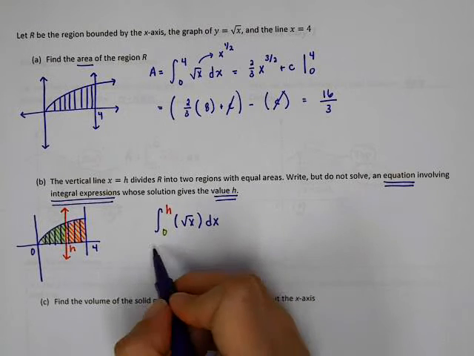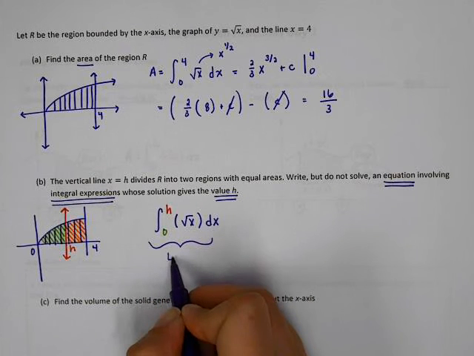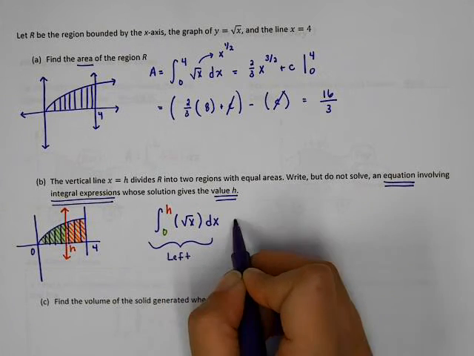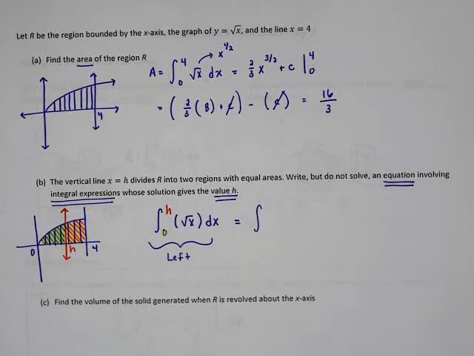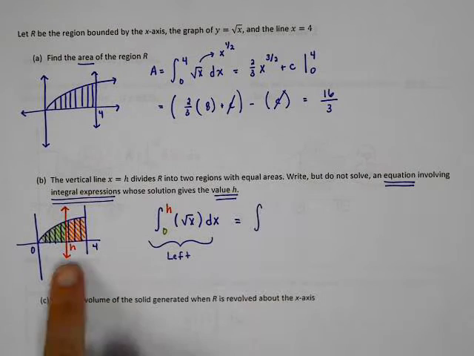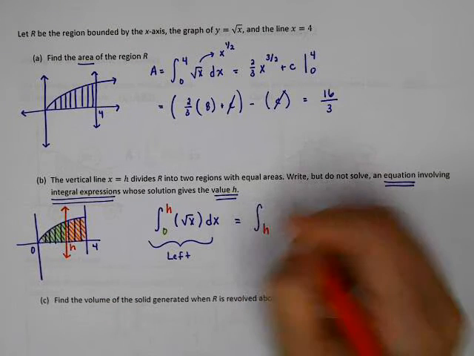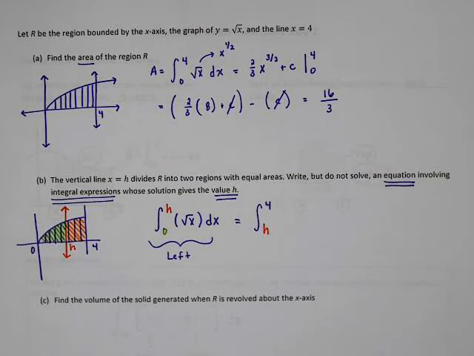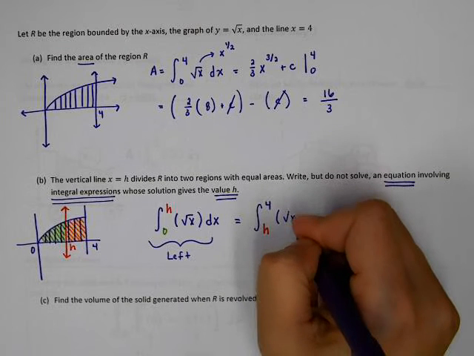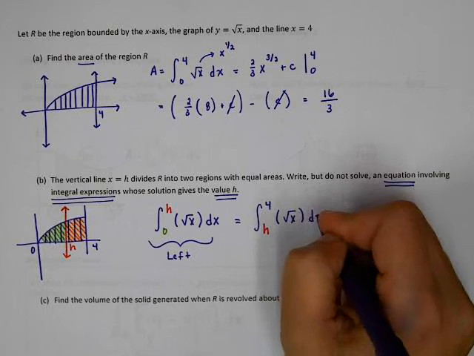Now we want this left side area to be equal to the area on the right side, the orange area. So the orange area would start from h and end at 4. It goes from h to 4. And then I would do top minus bottom, which is square root of x dx.